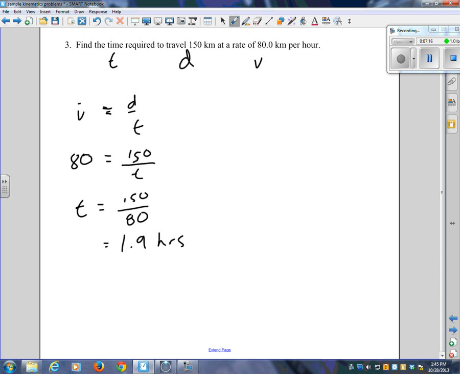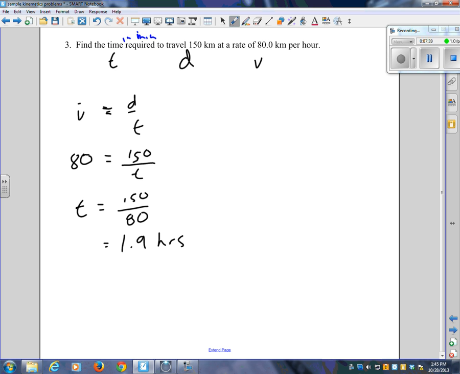It doesn't come right out and say it. It just says find the time required. Would that be a good enough solution for it? Likely yes. What would you do if the question said find the time required in minutes? You'd have to convert that, right?